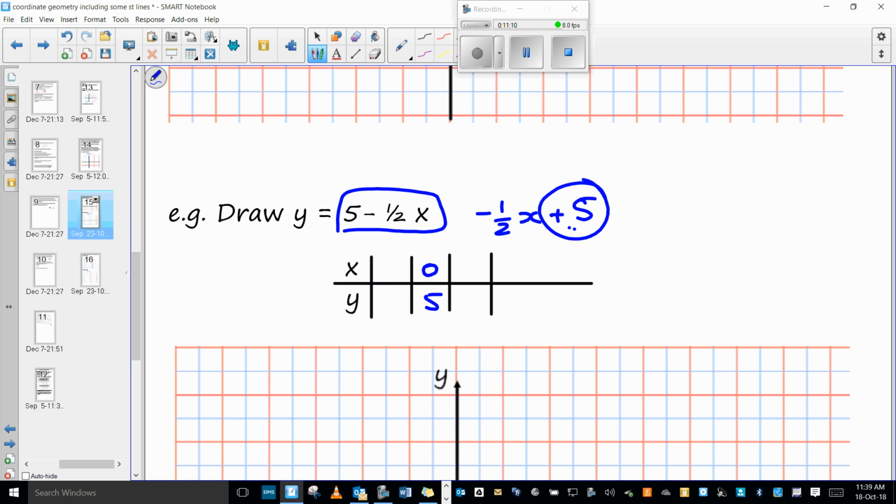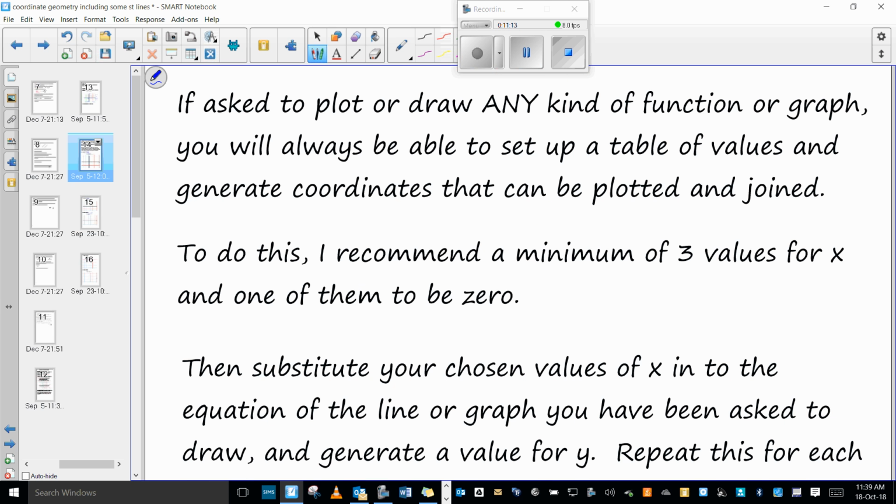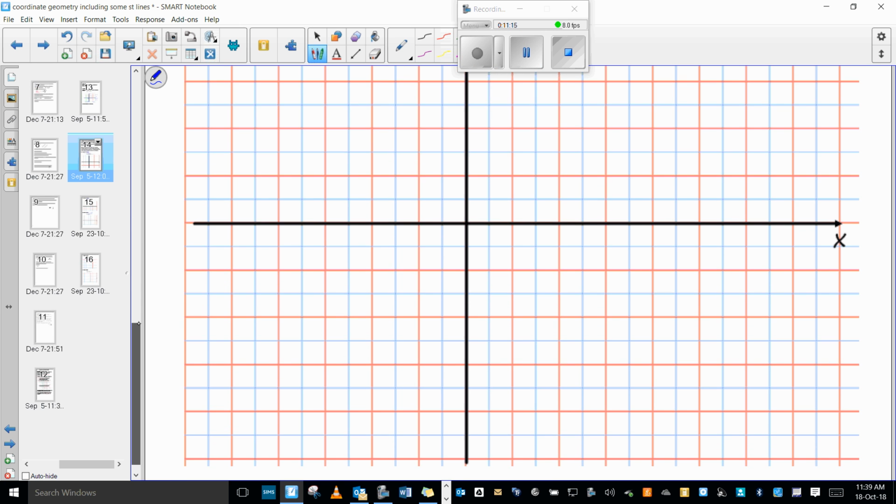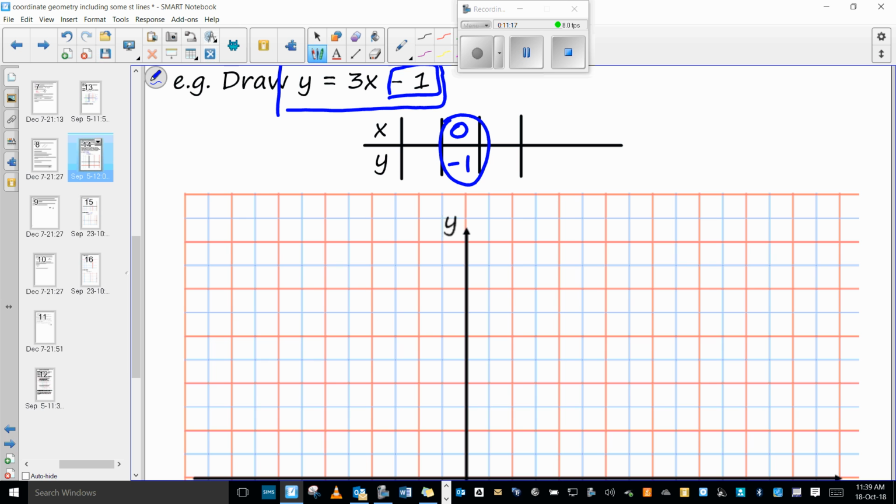The first one we drew crossed at negative 1. So for each of the lines you drew, other than the very last one, that end value should have told you where your graph crossed the y-axis.